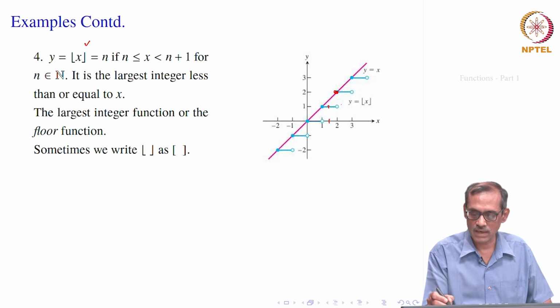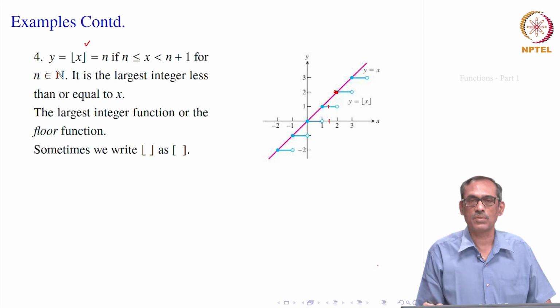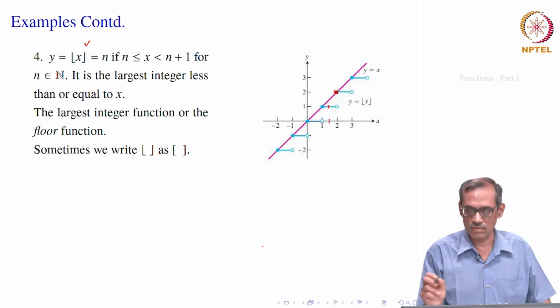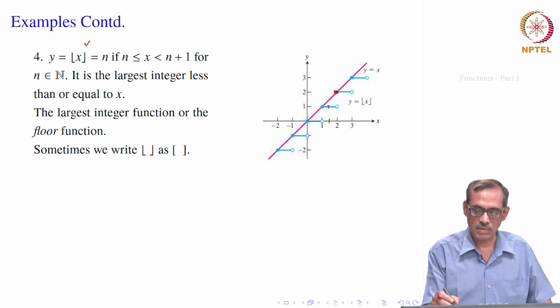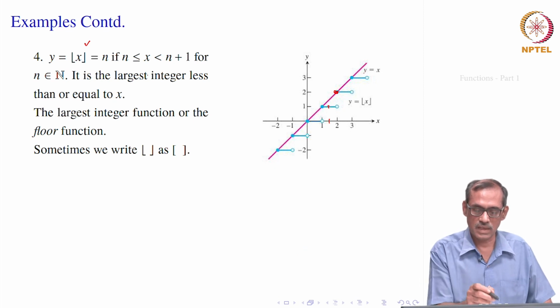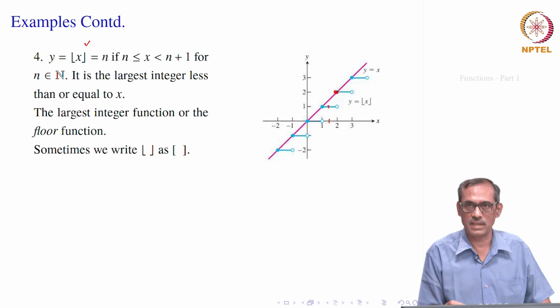If it is a blank dot, there is a gap, it is not a solid one, it is a hollow circle, which means that point is not included. So when x is lying between 1 and 2, but not equal to 1 or 2, its value is 1, and at x equal to 1, its value is 1. At x equal to 2, it jumps to the next interval in the definition, 2 less than or equal to x less than 3, that will be applicable.